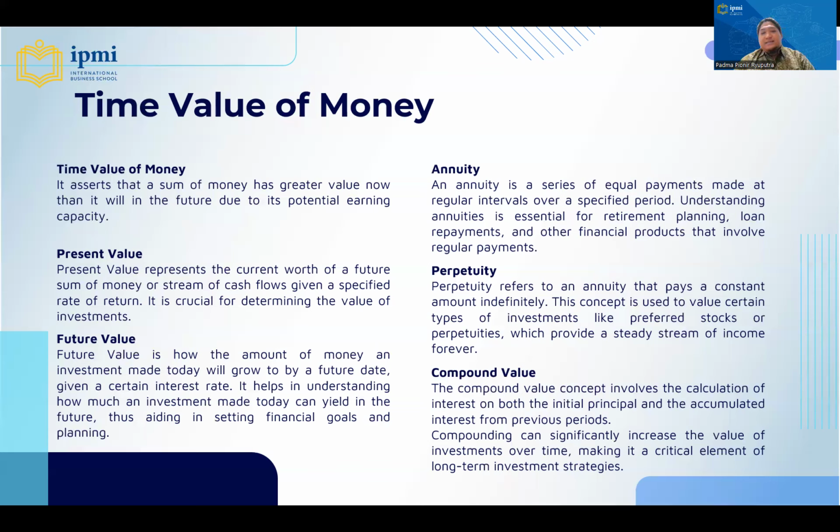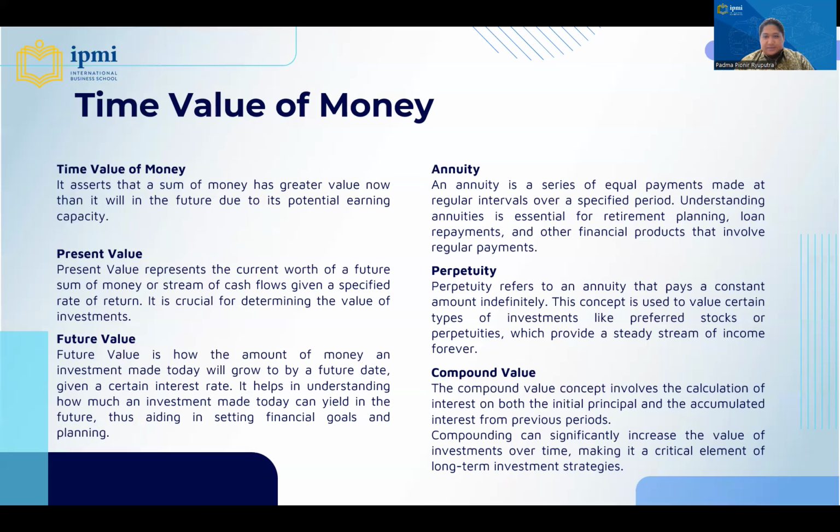Annuity is a series of equal payments made at regular intervals over a specified period. Understanding annuities is essential for retirement planning, loan repayment, and other financial products that involve regular payments. Perpetuity refers to an annuity that pays a constant amount indefinitely.